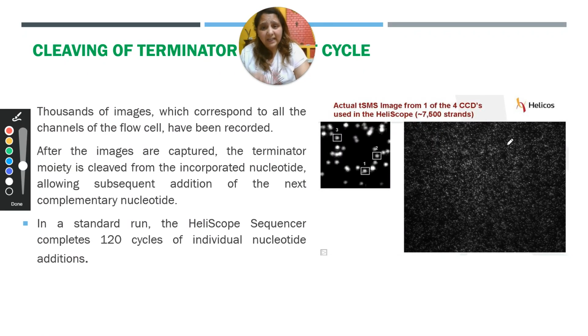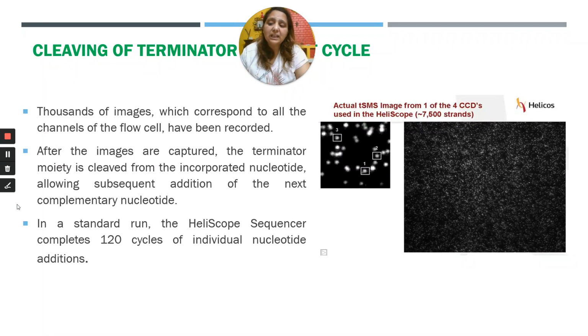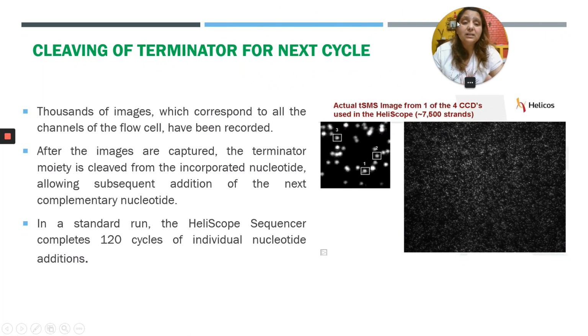In a standard sequencing run, generally 120 cycles of the individual nucleotide additions are done in a standard Helicos run, but it depends. The runs can be increased or decreased depending upon what is the research question in mind for which the Helicos sequencing is being done.